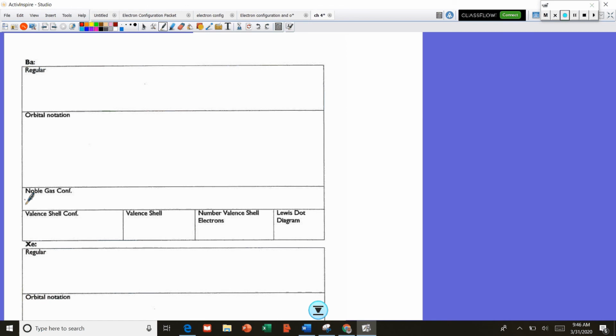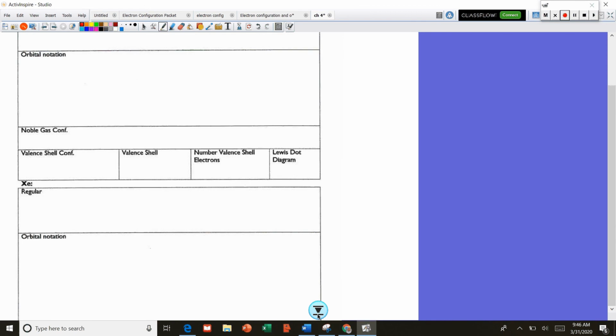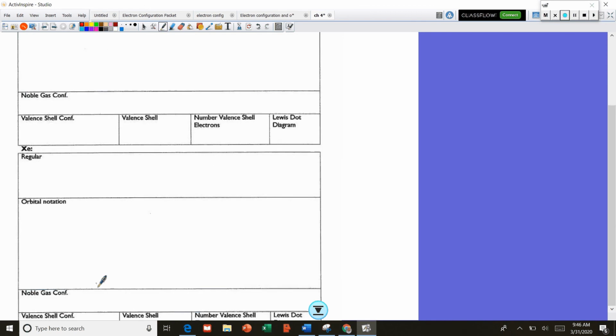I do want you to go ahead and do this for barium and xenon. For xenon, when you get to orbital notation, do what's called a noble gas configuration, for both xenon and barium.